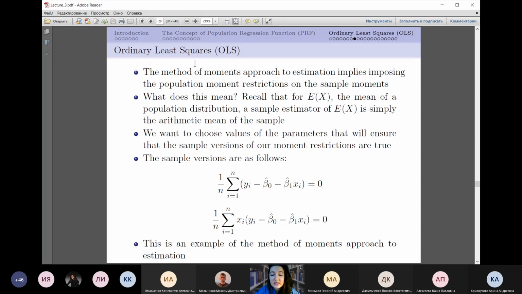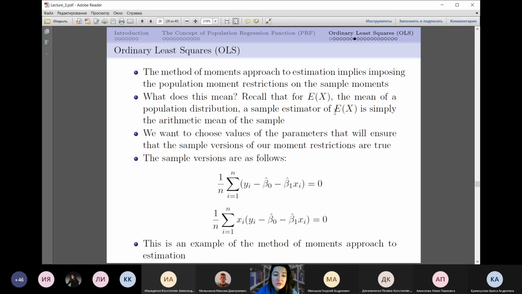The method of moments is a general approach to estimation that we use, which implies imposing the population moment restrictions on the sample moments. So what does it mean? Let's say that for the expected value of x, the mean of the population distribution, the sample estimator is simply the arithmetic mean of the sample.